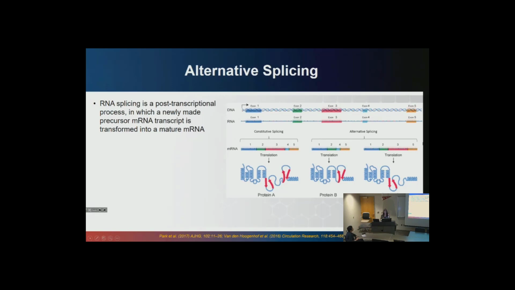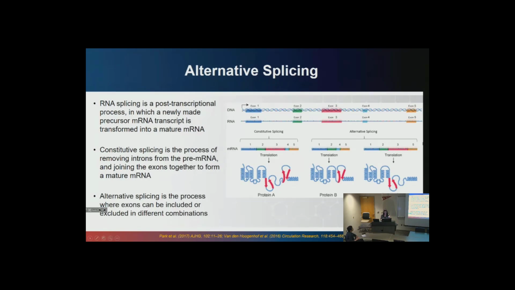Two forms of splicing have been defined: constitutive splicing and alternative splicing. Constitutive splicing is the process of removing introns from the pre-mRNA and joining the exons together to form a mature mRNA. And alternative splicing is the process where exons can be included or excluded in different combinations.